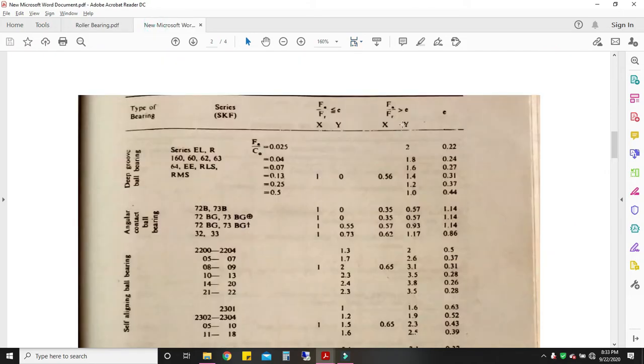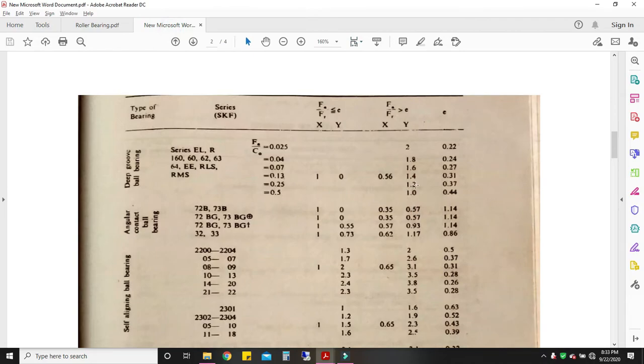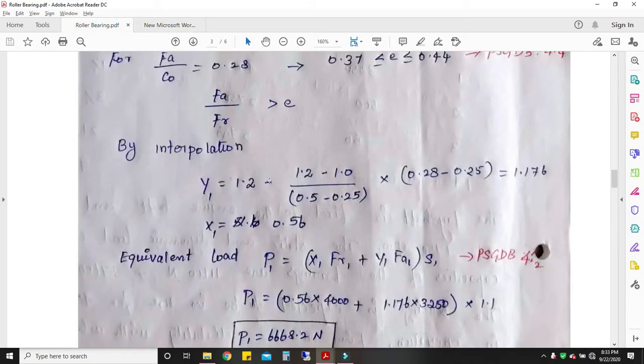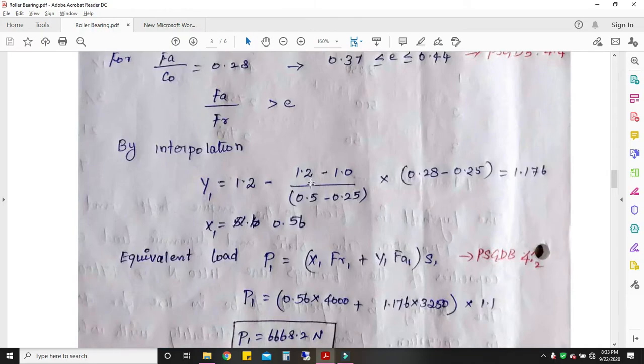If the value of Y were in increasing order, I would put a plus symbol. Our Y value lies between 1.2 and 1.0, so put 1.2 minus 1.0, and then substitute the limits of the factor FA by C naught.